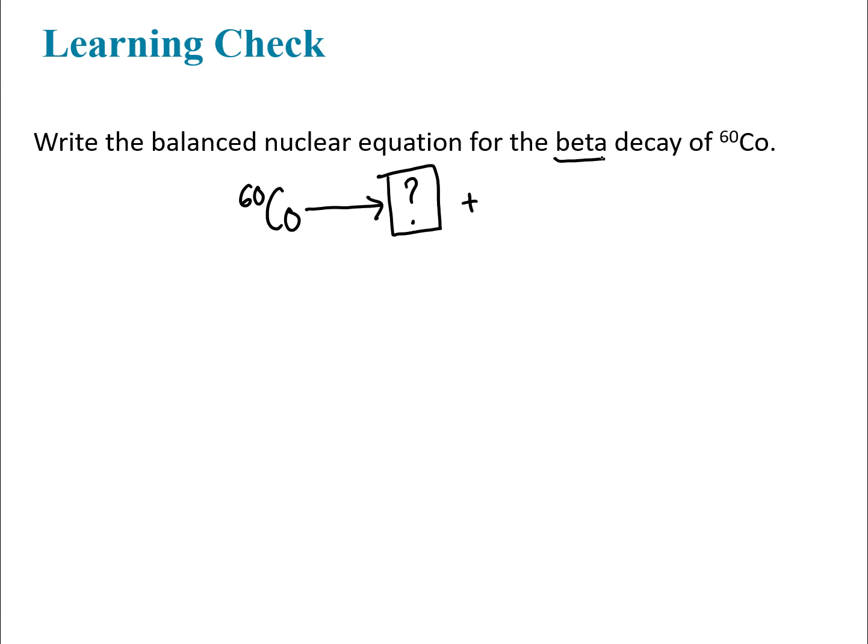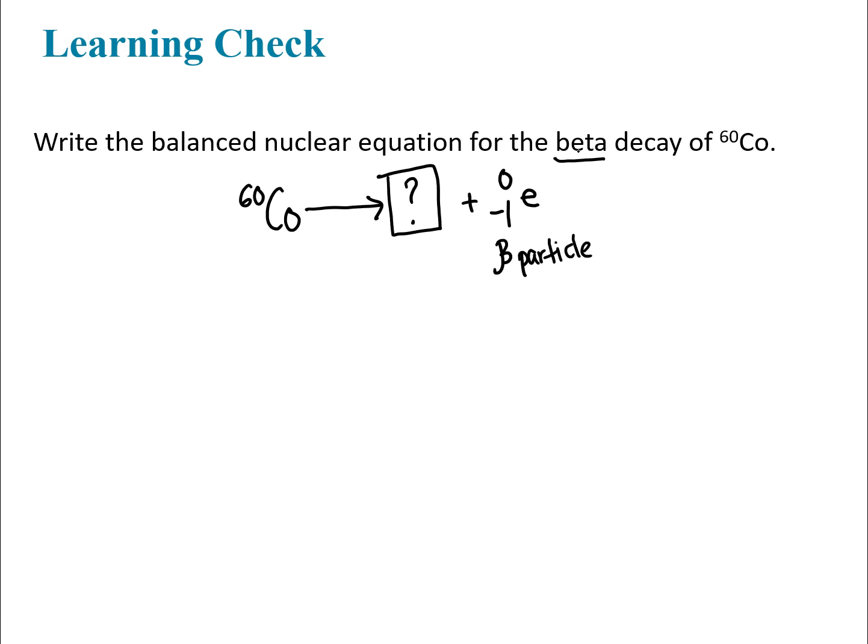We know that because it's called beta decay. In beta decay, you emit a beta particle. That is the symbol for a beta particle. And that's why you need to know the symbols, so that when you read, you know the terms, you know the symbols, you can write it out.